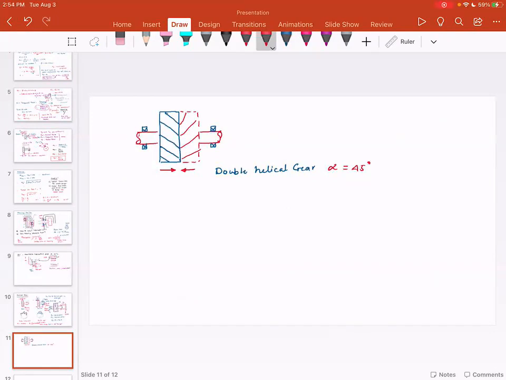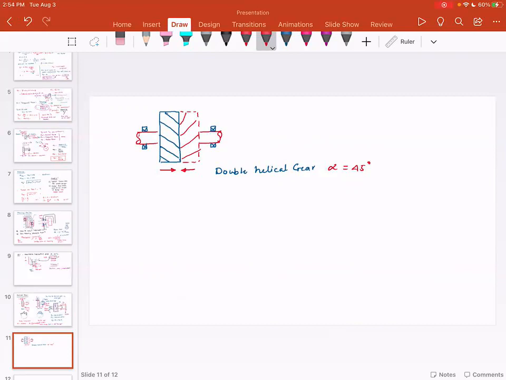So if given a choice, say you are asked a question, what gear train would you choose? At that time, you have to decide: do I need a spur gear pair? Do I need a helical gear pair? How much space do I have? What should be the width of the gear?